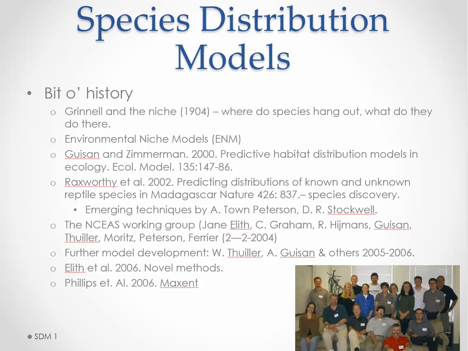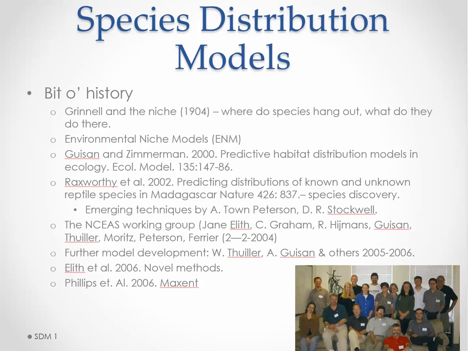Now species distribution models also share a similarity with habitat occupancy models in that both are trying to make a geographic statement about what represents a good habitat for a species to persist in. And they're fundamentally at different scales and using different kinds of data.